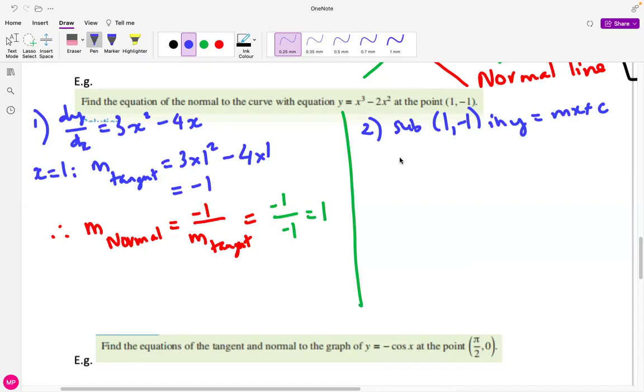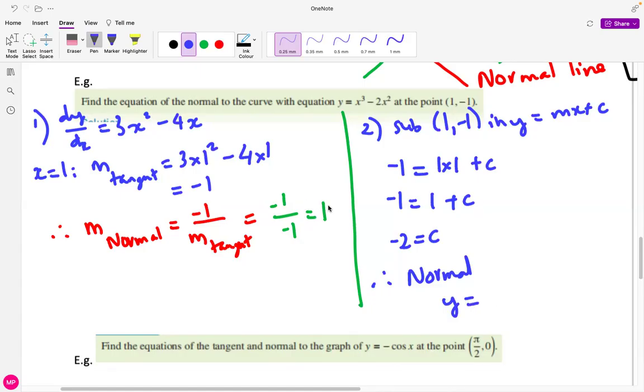So y is -1, m is 1, x is also 1, so -1 equals 1 plus c, and c equals -2. Therefore, the normal equation will be y equals 1x, which is just x, plus c, where c is -2, so y equals x minus 2.